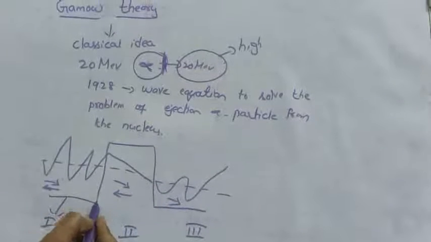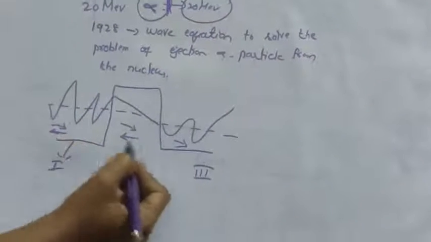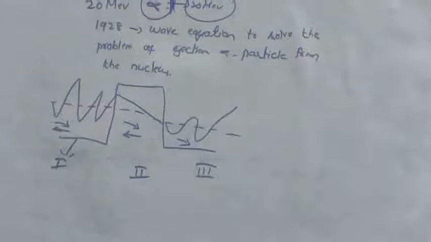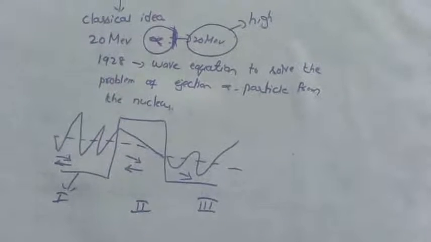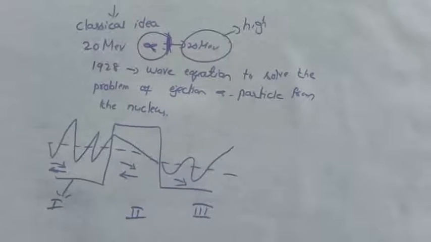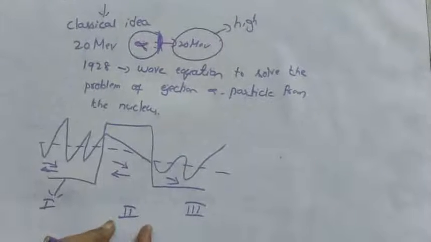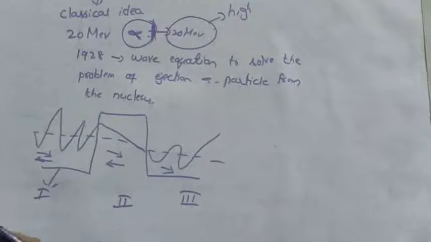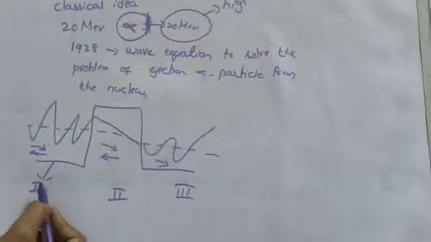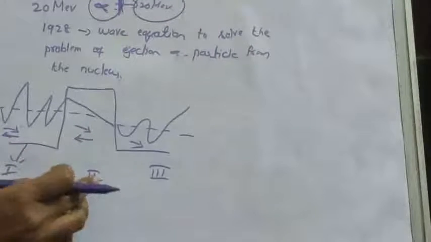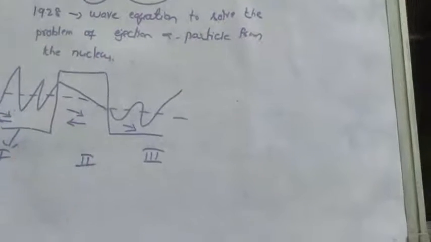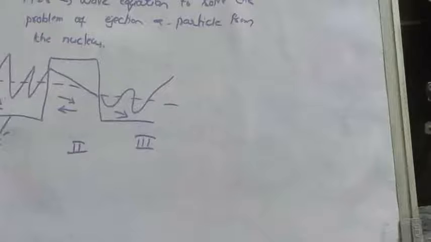He applied the Schrodinger wave equation for regions 1 and 3, and for region 2, and gave the solutions.